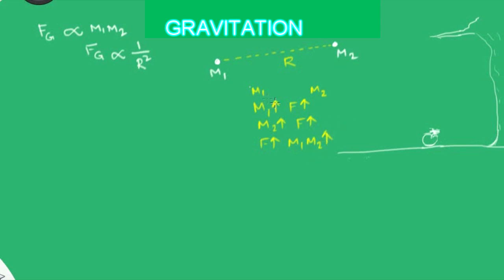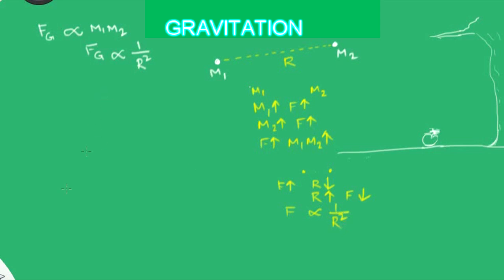Now if we put these two magnets closer, the force of attraction will be more. It is going to be more if the distance is less, and if the distance is far away, the distance increases but the force decreases. That is why this is inversely proportional, and it is exactly inversely proportional to the square of this.